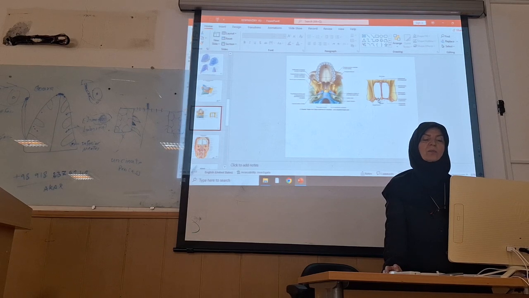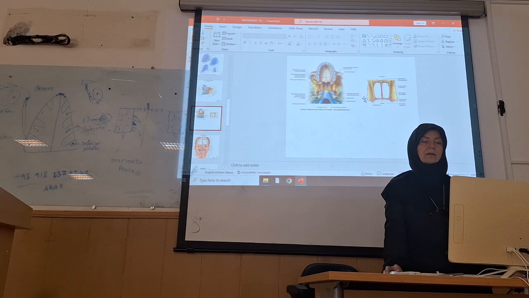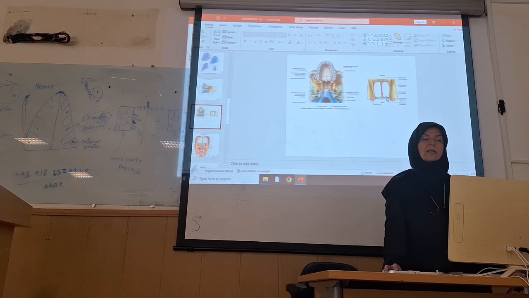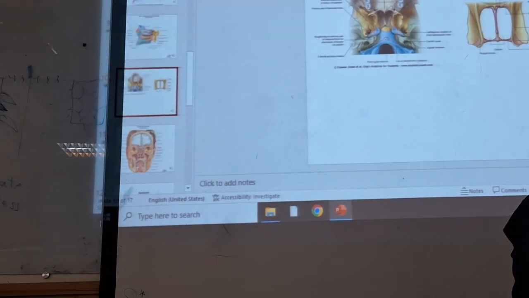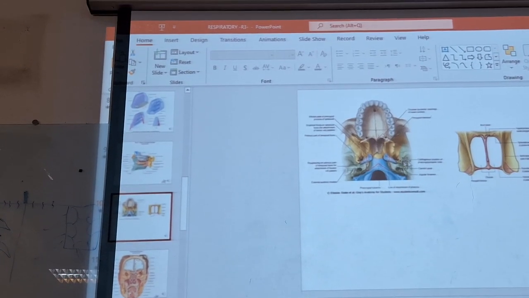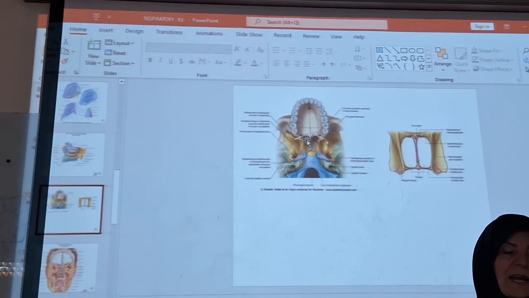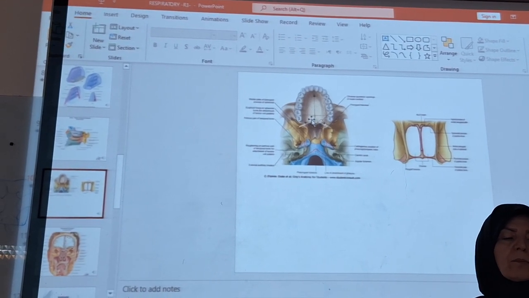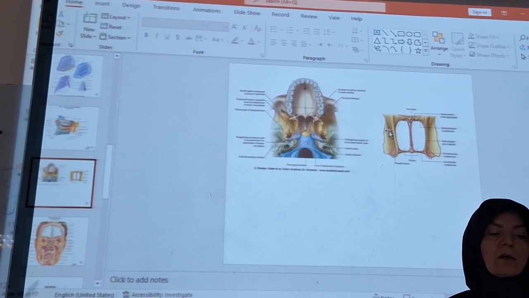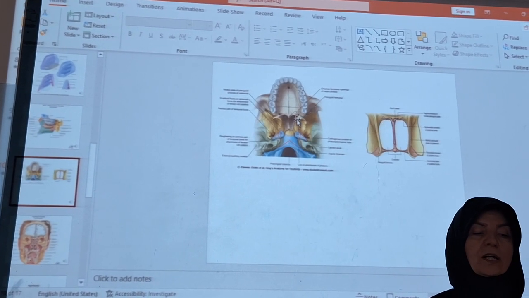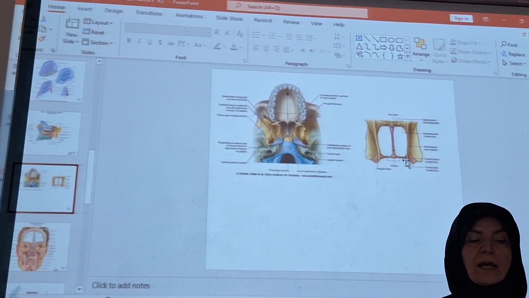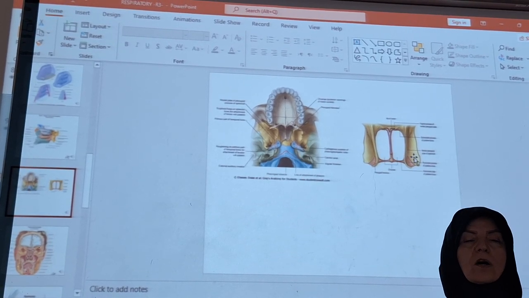So the posterior border of the horizontal plate is visible here. This picture is in anatomical position, and this picture will be rotated. So in this picture, the posterior border of the horizontal plate of the palatine bone is superior, but normally in anatomical position, the posterior border of the palatine is going to form the inferior boundary of this choana.